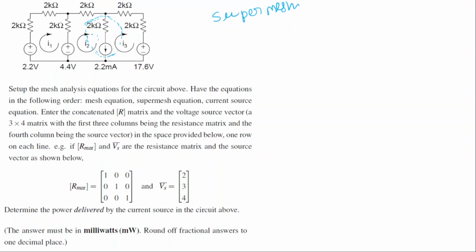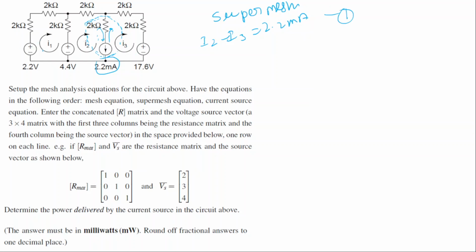For this case, I2 current is going in this direction and I3 current is going in this direction, and the total current in this branch of the super mesh is 2.2 milliampere. So I2 minus I3 equals 2.2 milliampere. Similar to our earlier voltage dependent source, this is our very first equation.